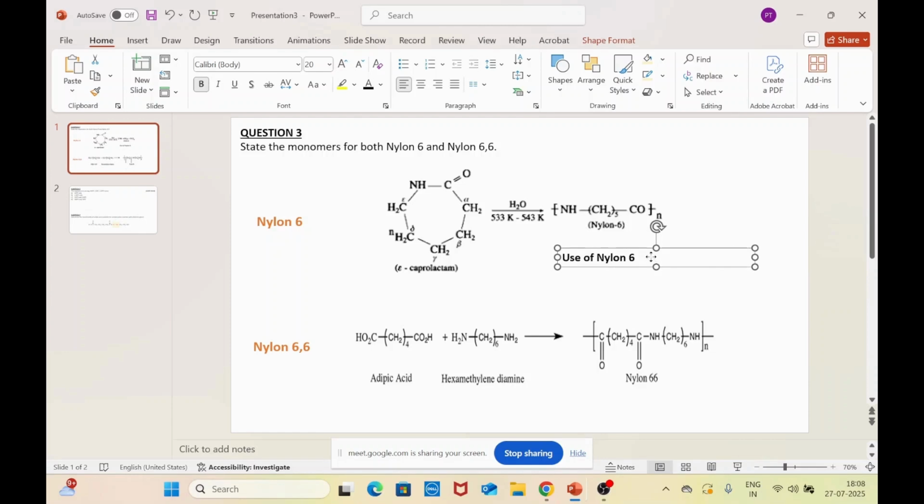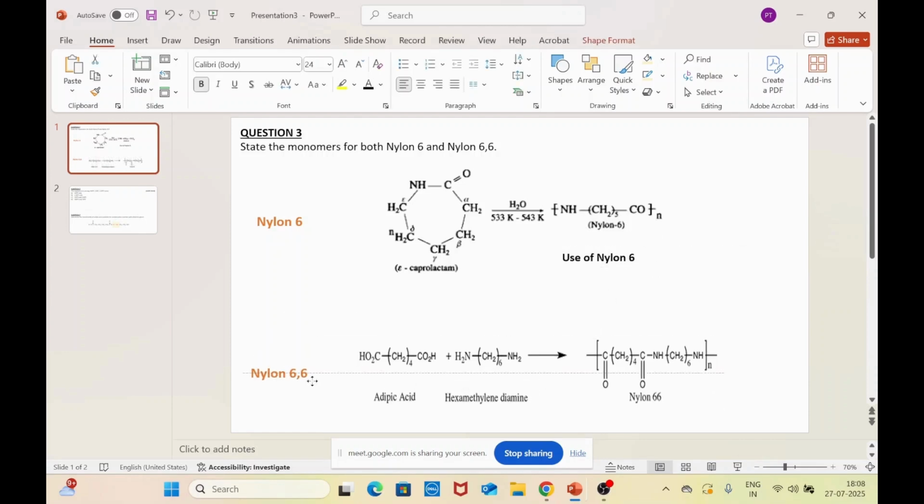Okay, yeah, those are correct. They are used in textiles and in automotive parts. Nylon 6 has excellent mechanical strength, so it can be used in engines of automotives and in fuel tanks.